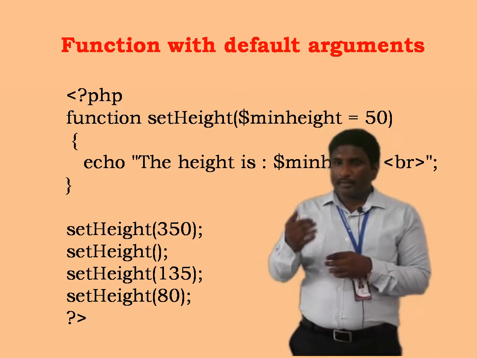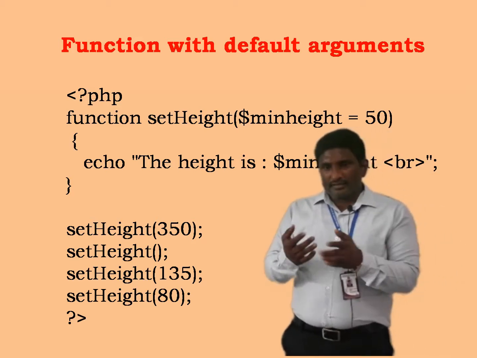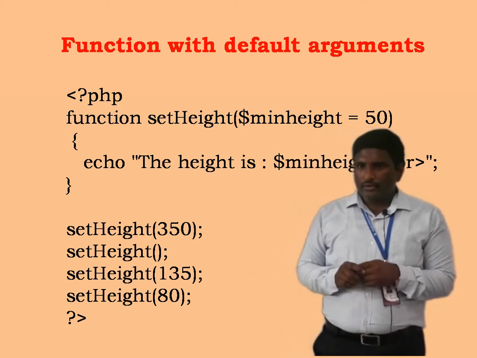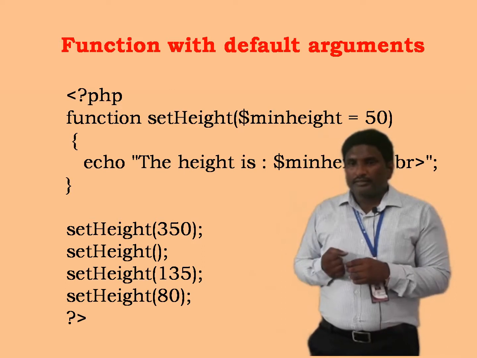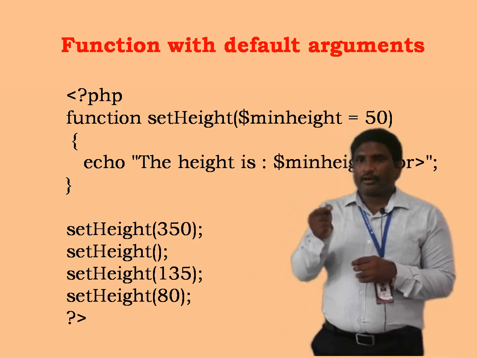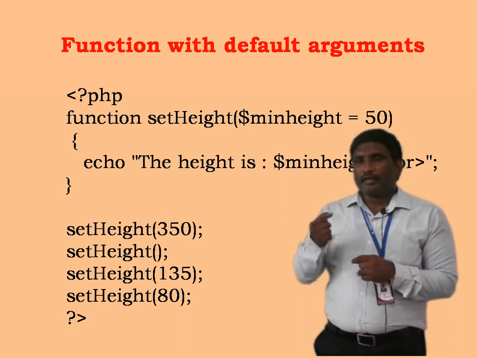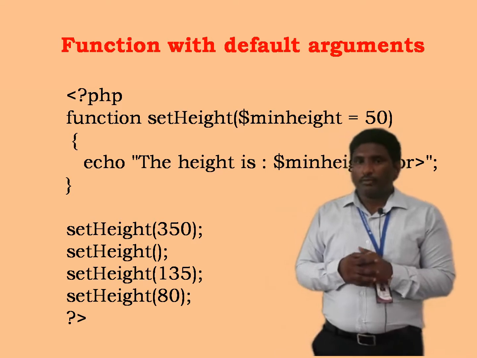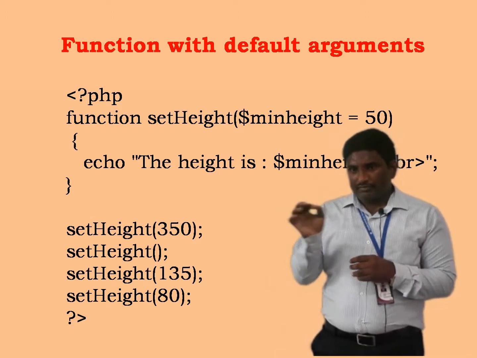First I called it by passing the argument 350. The second time I did not pass anything, so at that time it takes 50 as the default value. That is the meaning of default argument here. Then the third one, I called setHeight by passing 135, and then I called it by passing 80. So the output for this program is: the height is 350.